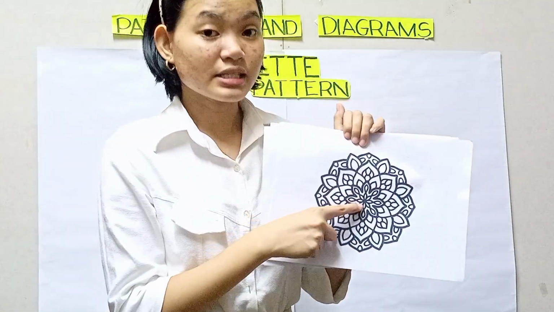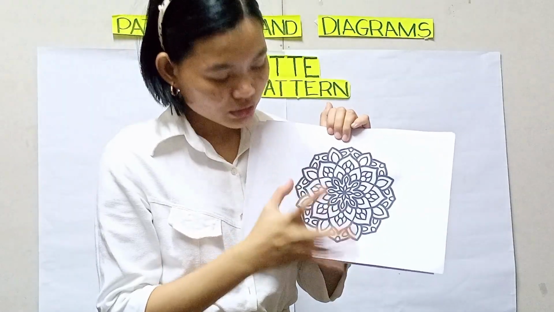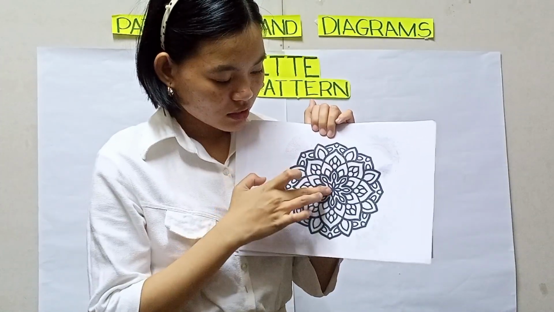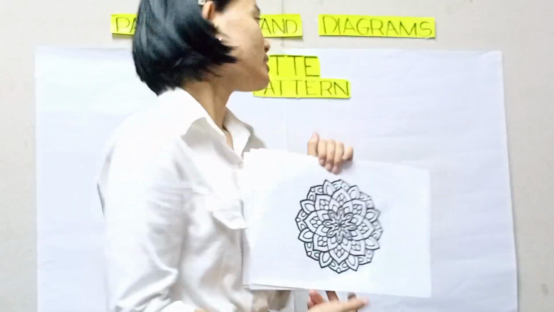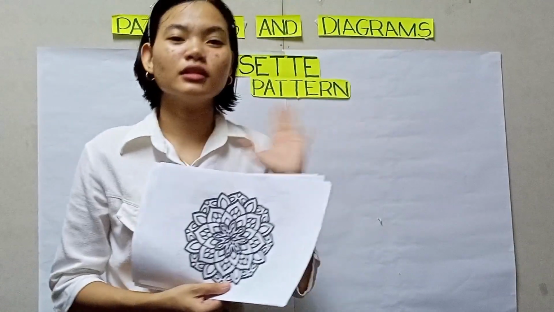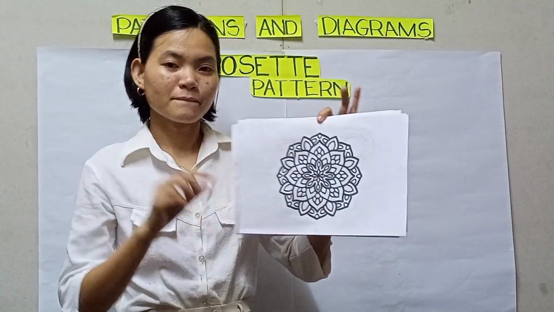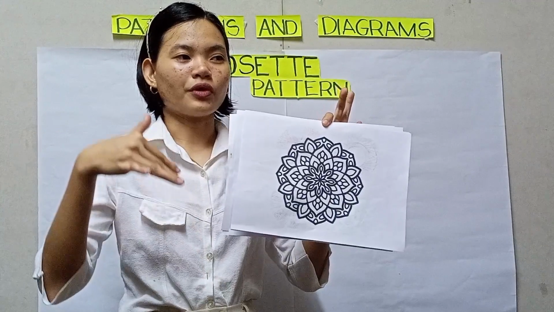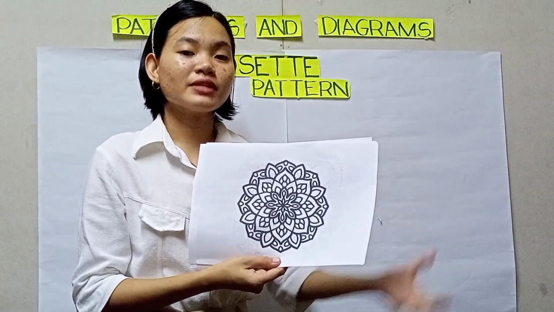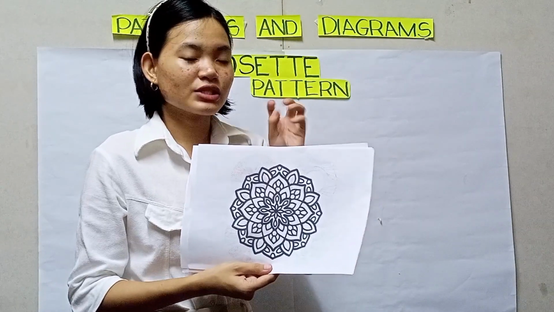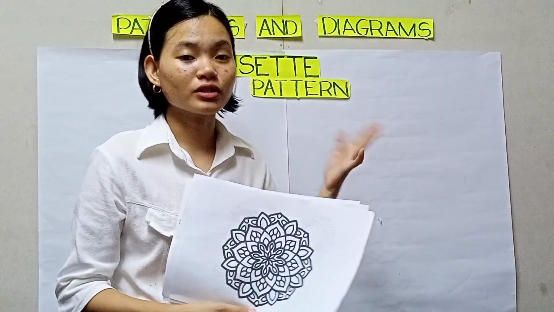It has a distinct center point where all of its identical patterns or lines start, and then it radiates outward. So when I say Rosette pattern, it doesn't mean that the lines should be curved or in a circular form. As long as it exhibits a circular arrangement, then we can consider that it belongs to the Rosette pattern.